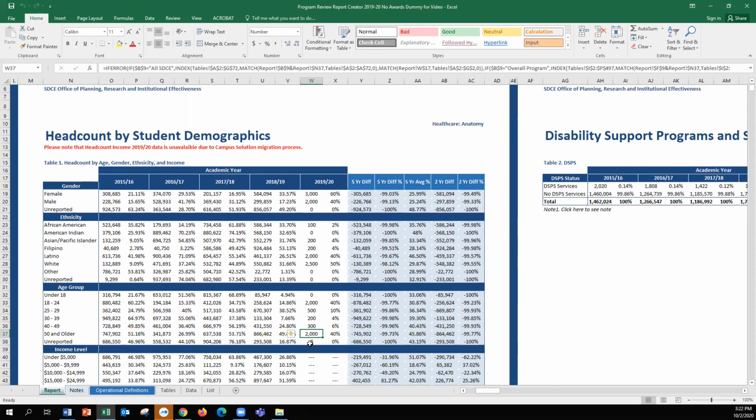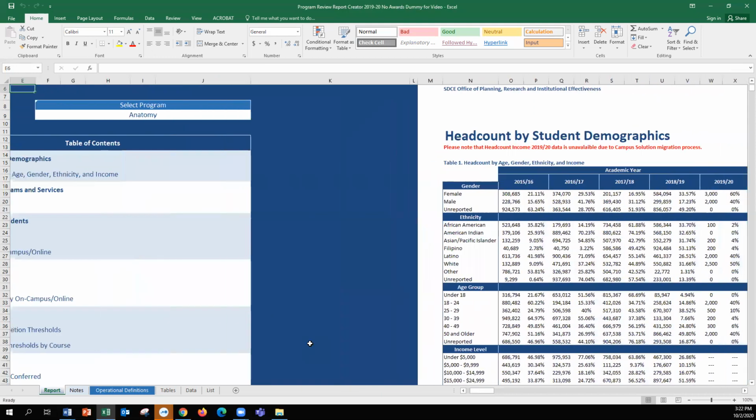On top of that, as we move more towards a distance learning community, it seems that Steve has to focus on the 50 and older folks to see how he can help them understand how to use the online tools in a better way. But just to be sure, he wants to look at what the overall trend is going to be for the next couple of years for all SDCE.